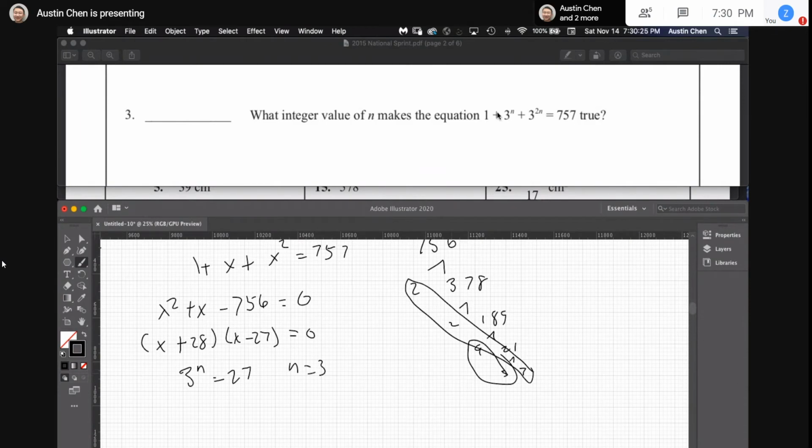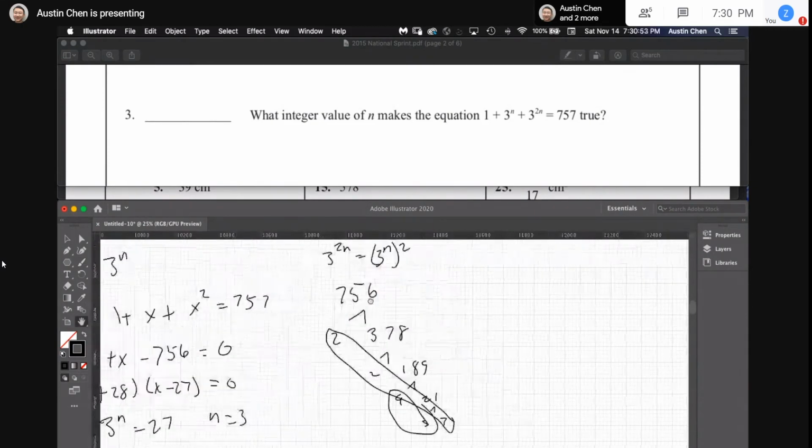Also, in the original equation, you can notice that you only have integer values of n, and these increase really big as you increase n, right? So you really don't have too many cases to test. You literally could just plug in some n values to see which get you 757, and maybe that's a little bit faster than this way.